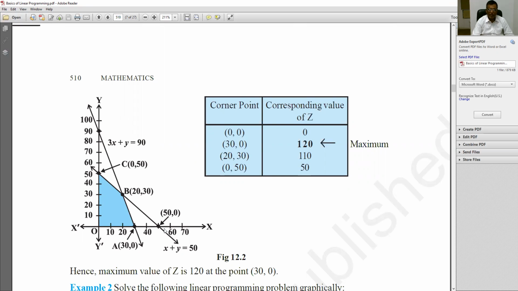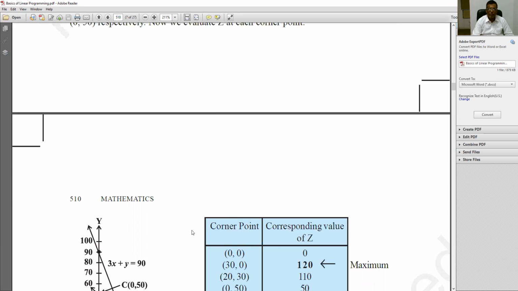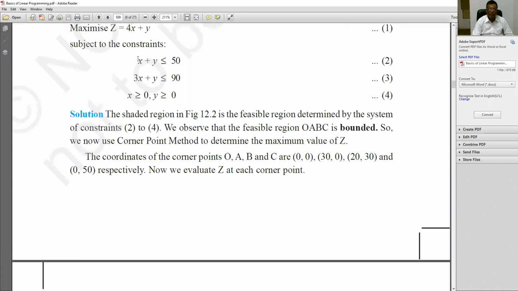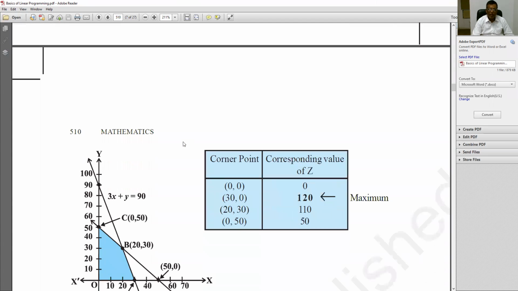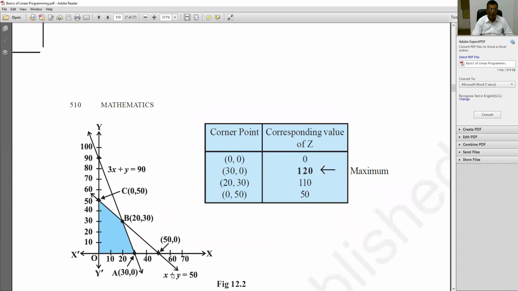One is representing x plus y is equal to 50, and the other is 3x plus y is equal to 90. This is the graph for this line. This is the corresponding equation for this line, and x plus y is equal to 50 is the corresponding equation of this line.